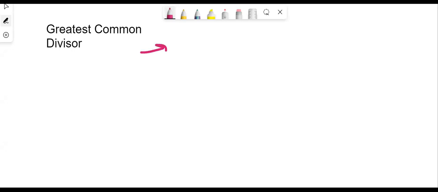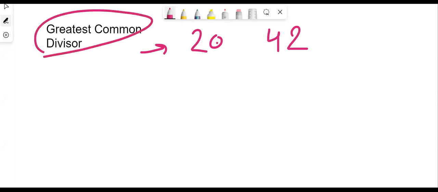So if we have two numbers, let's say 20 and 42, we have to find the GCD, which we also call HCF, highest common factor. A factor is itself a division, right? Whatever completely divides the number.